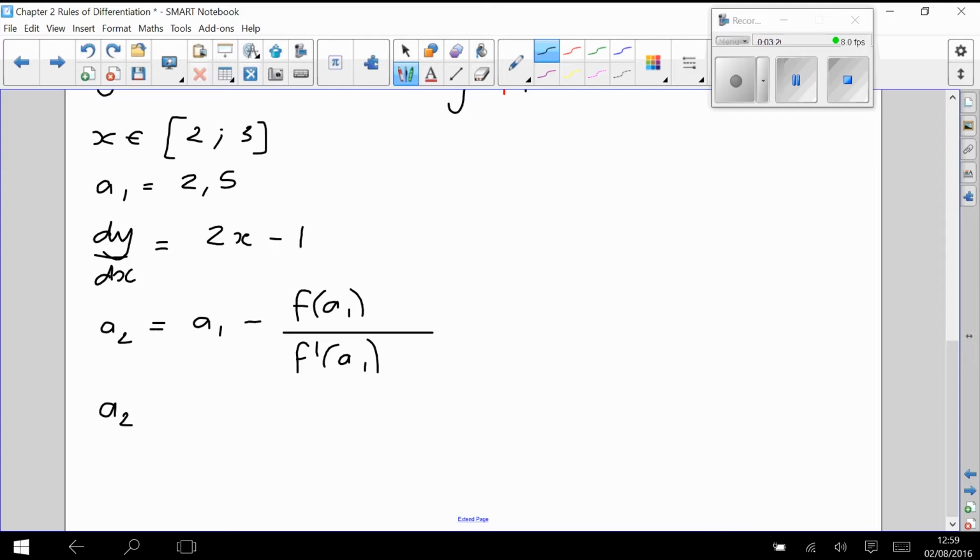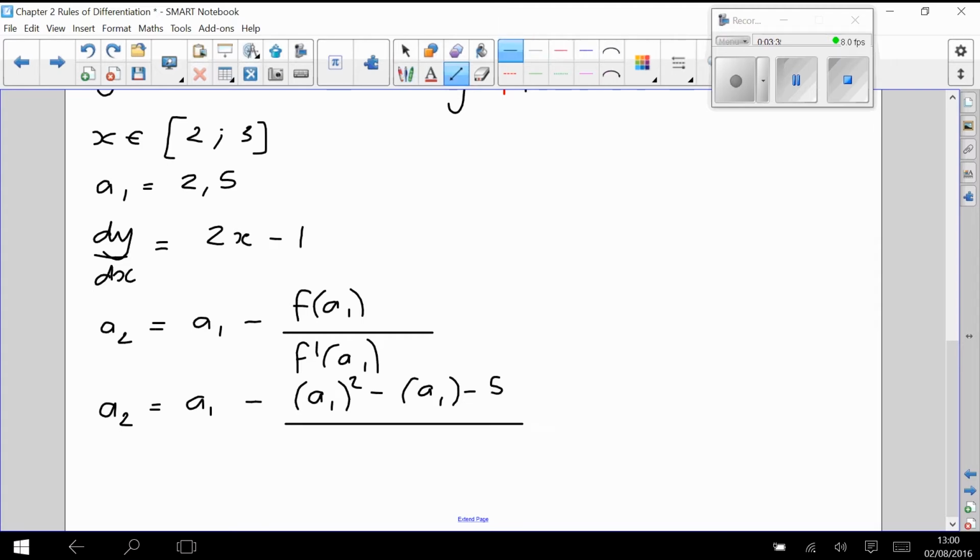So to get to my second estimate, I'm going to get my first estimate, and then my function was a1 squared minus a1 minus 5. And that is the original function. The derivative of my function was given to me by 2 times my first estimate minus 1. Now I told you that your first estimate is going to be 2.5.